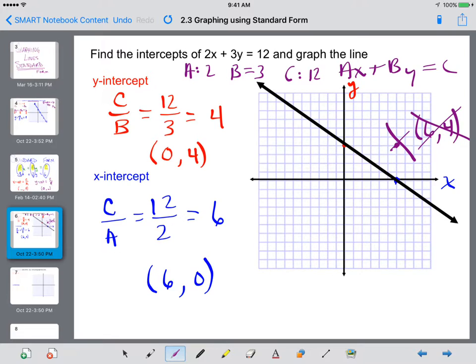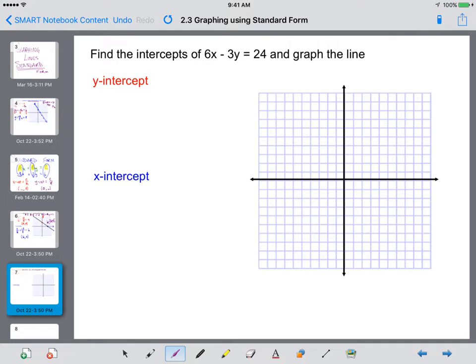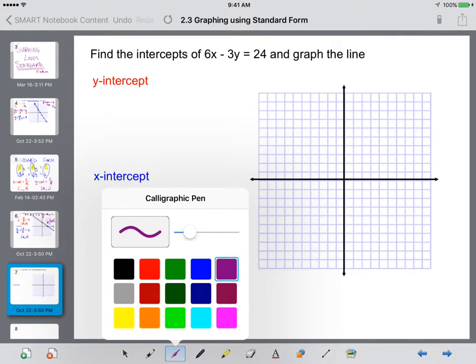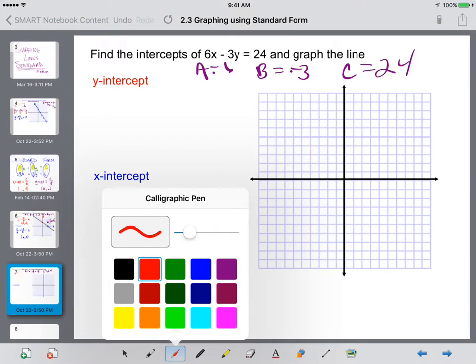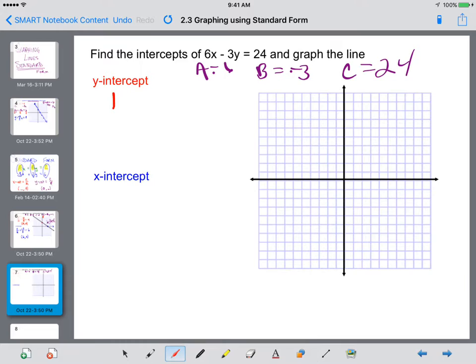Let's try one more example for you. So again, we have A is 6, B in this case is -3, and C equals 24. So if I want to find the y-intercept, I'm going to take C divided by B, which is 24 divided by -3, which is -8.